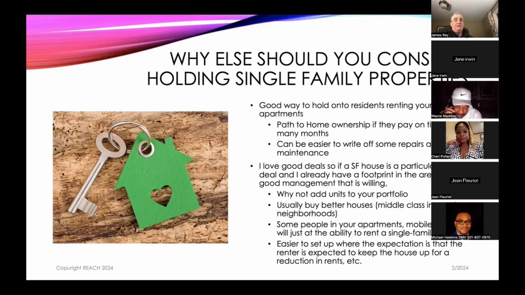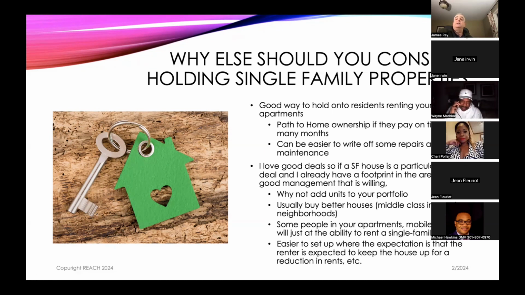So we pay a lot of attention to the people that pay on time and that are good tenants, just as much as a lot of people pay attention to the bad tenants, the ones that don't pay on time, or make noise, or whatever it may be. I think a lot of people focus on the bad tenants. If you focus on the good tenants, you'll be able to keep them for a very long time.